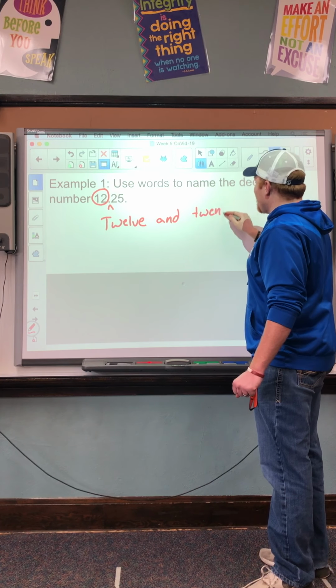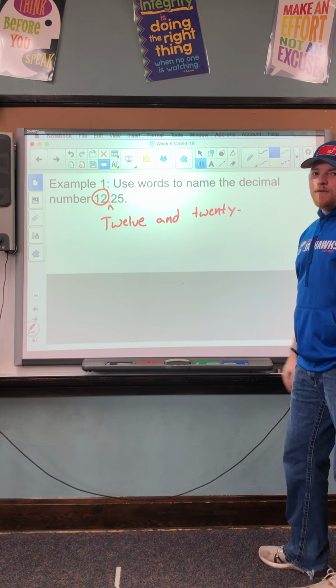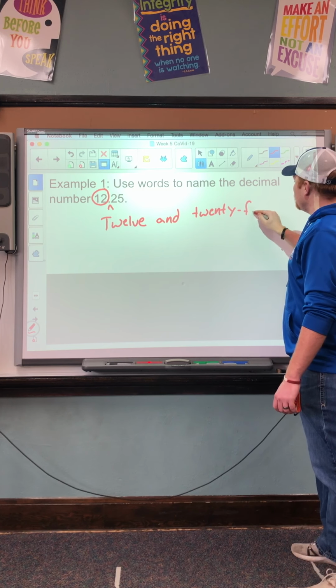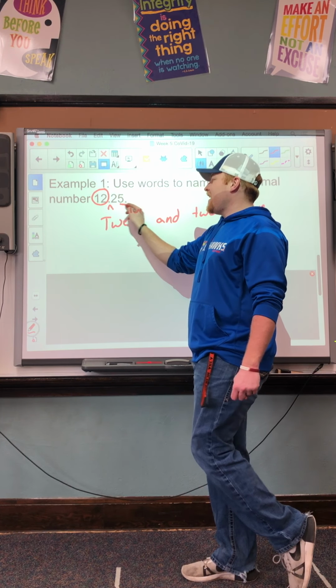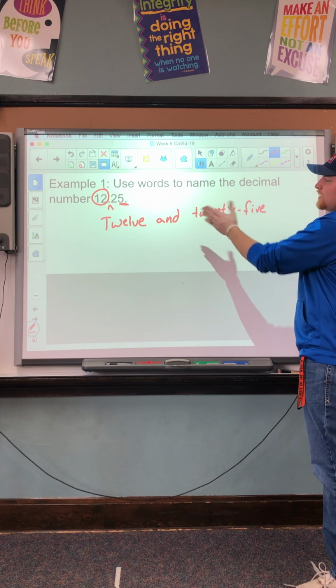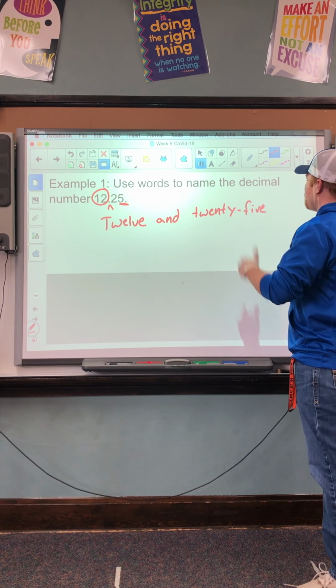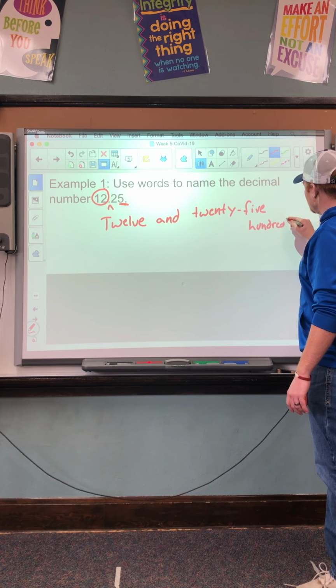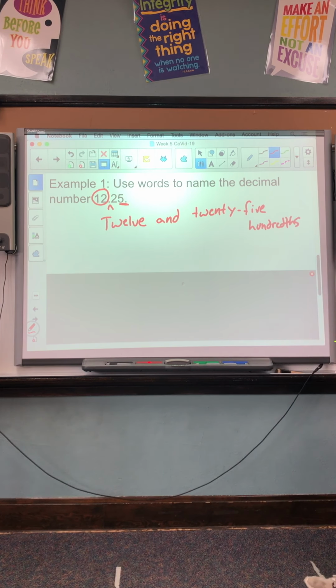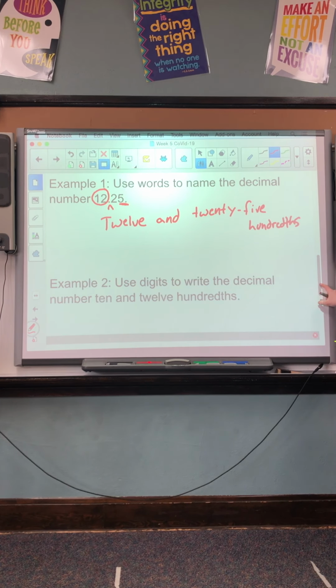Now remember, when you have a ty at the end, you have to have a hyphen. So 25, and then whatever place value is listed last. In this case, the 5 holds the last place value, so the 5 is in the hundredths place. So it'd be 12 and 25 hundredths, the correct answer.